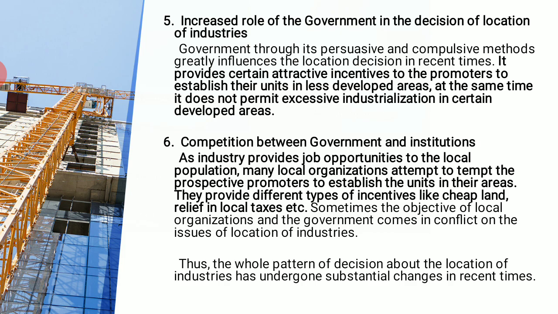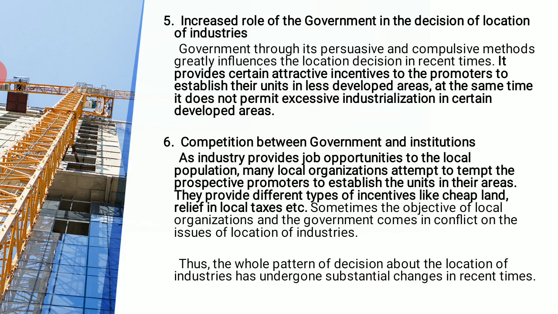It provides certain attractive incentives to the promoters to establish their units in less developed areas. At the same time, it does not permit excessive industrialization in certain areas. See, there is a lot of interference as far as the government is concerned in industries taking their site decision. What happens is, if you want to take an industry into an already concentrated area, the government may restrict you, may deny you, may not permit you.